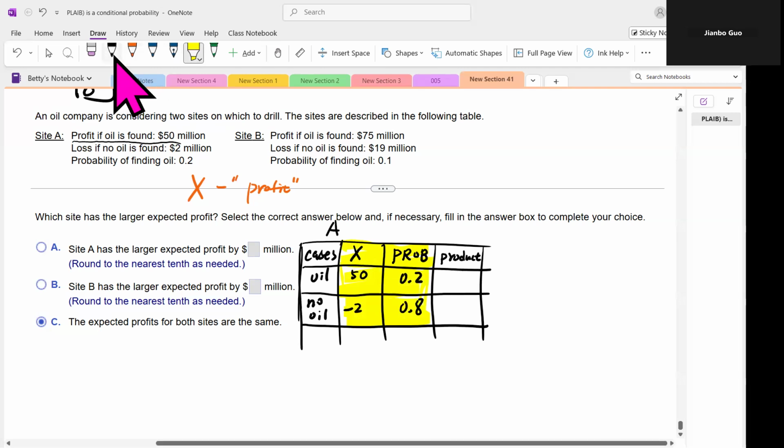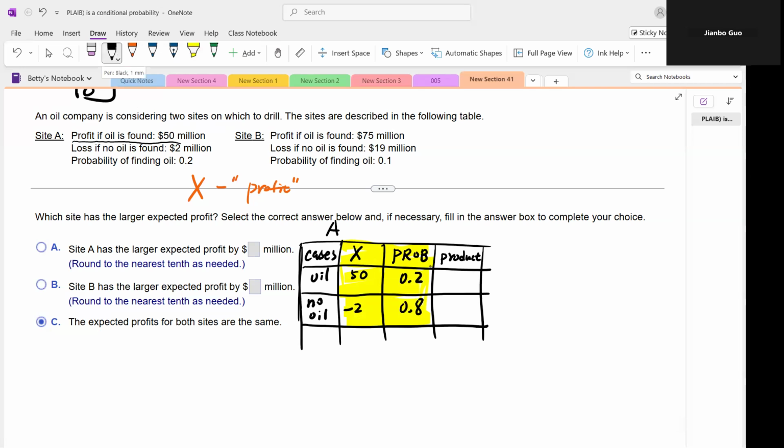All right, so the middle two columns actually give the probability distribution table for random variable X. Now we're going to find the product for each case. First row, we multiply 50 by 0.2. That gives us 10. Second row, we multiply negative 2 by 0.8. That gives us negative 1.6.